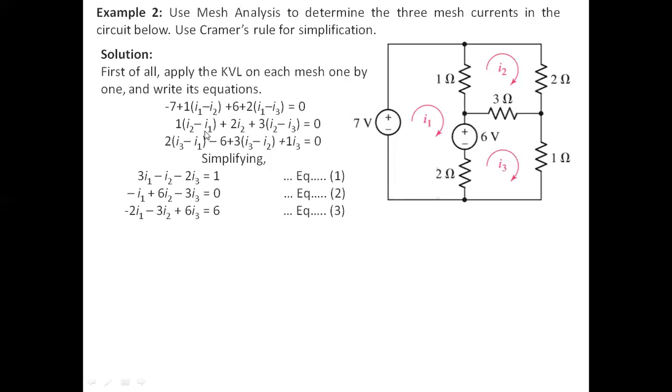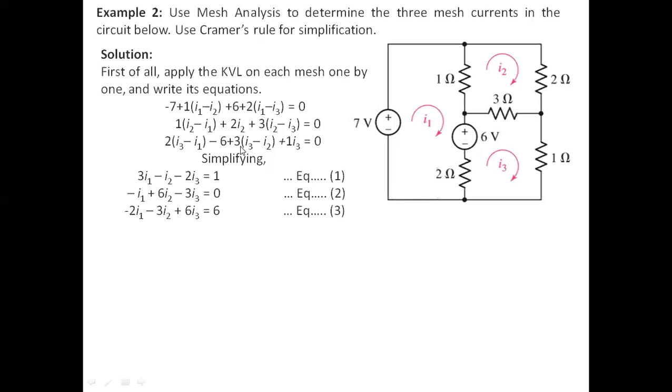Similarly the second: minus I1 plus 2 plus 1, that is plus 3, so 1 plus 2 is 3, plus 3 is 6. So minus I1 plus 6I2 minus 3I3 equal to 0. That is the second equation.